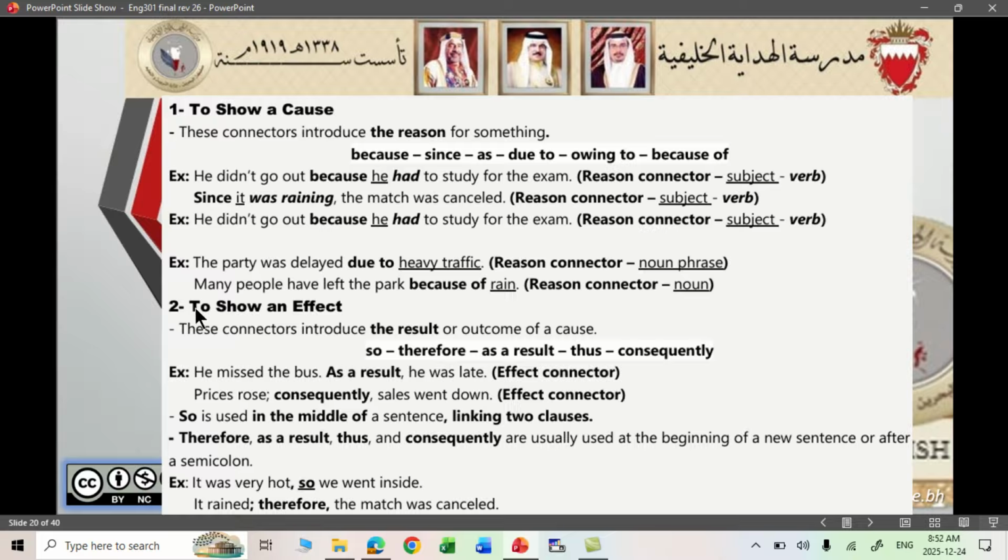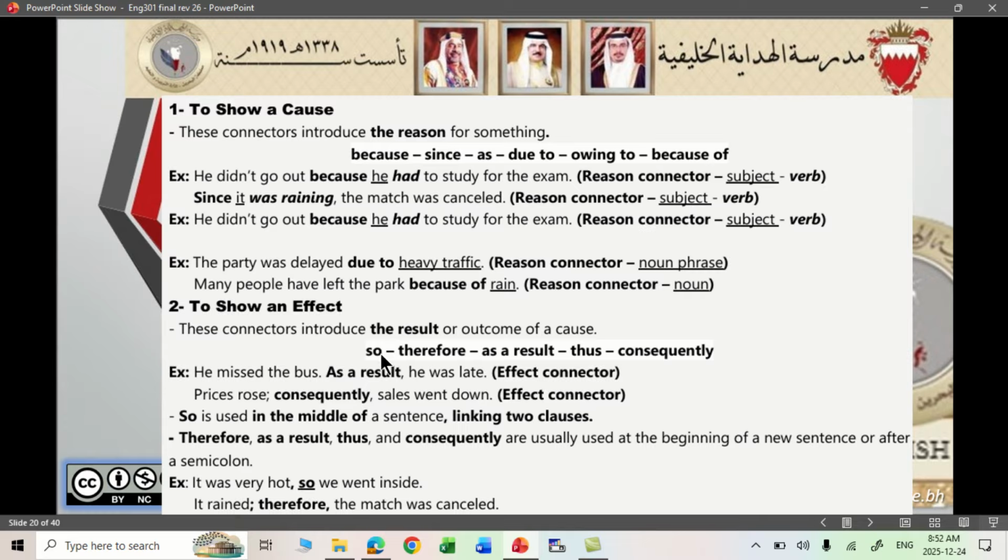Let's move to the connectors that are used to show an effect or a result. These were the ones we used to show the reason, and here we come to the ones that we use to show the effect or the result.